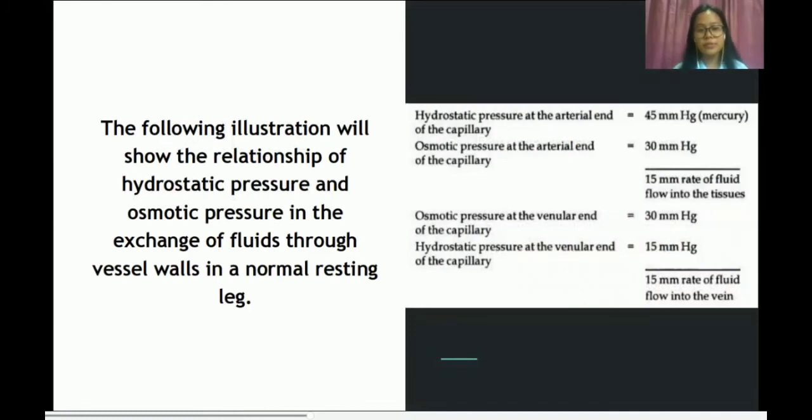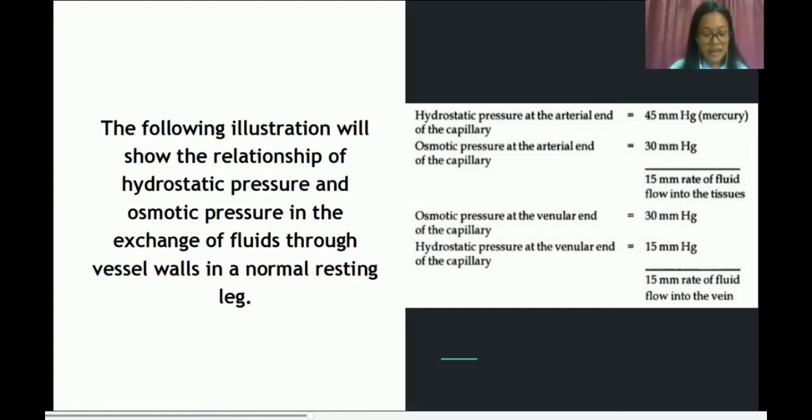The following illustration will show the relationship of hydrostatic and osmotic pressure in the exchange of fluids through vessel walls in a normal resting leg. It shows the normal flow of fluid. Fluid leaves at the arterial end of the capillary bed because 45 mmHg of hydrostatic pressure is overcoming the 30 mmHg osmotic pressure of blood plasma, and fluid is being forced into the tissues at the rate of 15 mmHg.